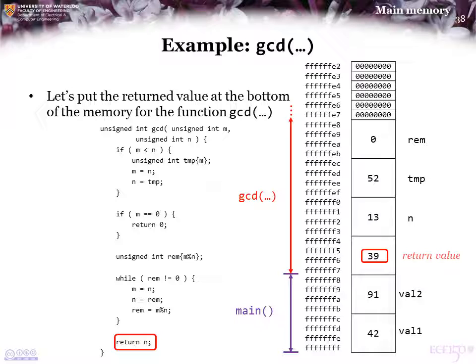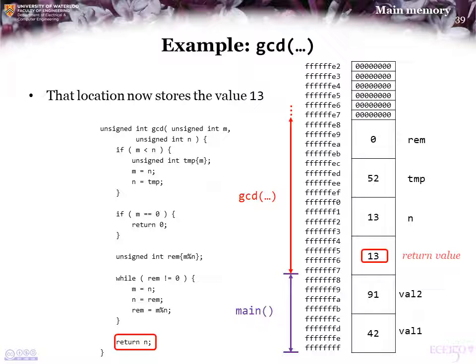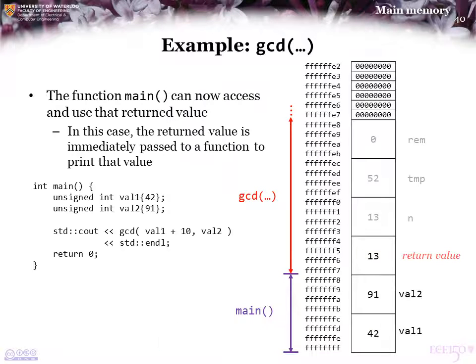So we see here that that location is here at FF4, and so in that location we will copy the value n. All right, so now that return value slot stores the value 13. When we return to the main function, it will then take that result 13 and pass it on to the appropriate routine to print that value to the screen.